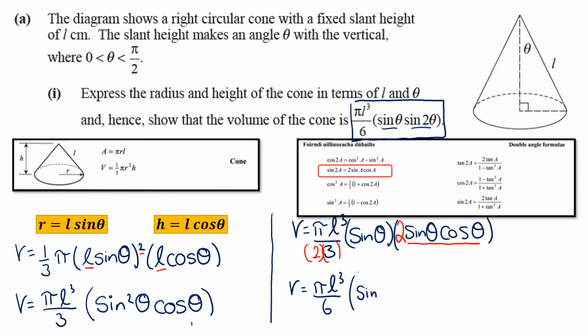My sine theta is still there, but now this 2 sine theta cos theta changes to sine 2 theta, which is exactly what they have asked for in this part of the question. So this is a great example of how identities can be brought into a question.